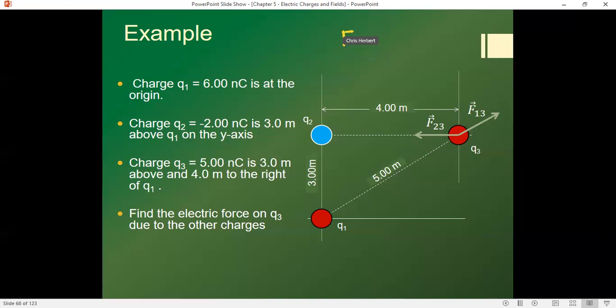We want to find out the total force in the X direction. That's going to be equal to F13X plus F23X. We want to find the total force in the Y direction, which in this case is only one component. That is going to be F13Y, because F23Y is 0. There's no Y component. Okay?